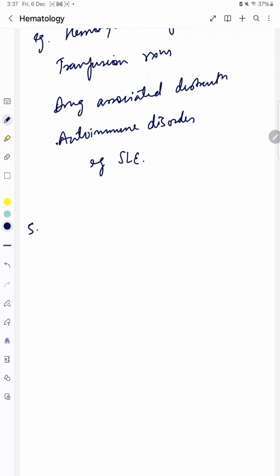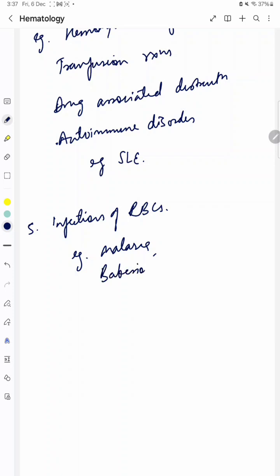Increased RBC destruction can be seen in some infections of RBC by hemoparasites, namely malaria, babesiosis.